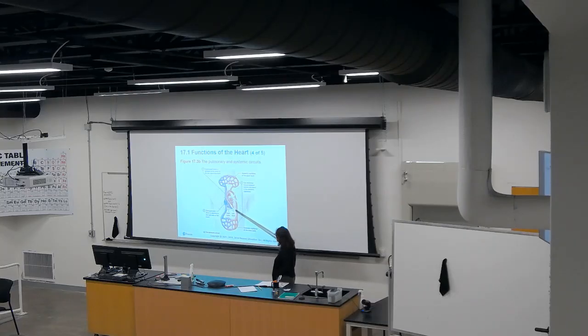And then the branches of the aorta deliver the blood to the tissue capillaries in any part of the body, including the lungs. And then you deliver oxygen and nutrients, you pick up the waste, and then all of this goes back into the venous end of the capillaries. And then these capillaries form small veins, which form large veins like the inferior and superior vena cava, which deliver the deoxygenated blood into the right atrium, which pumps the blood into the right ventricle.